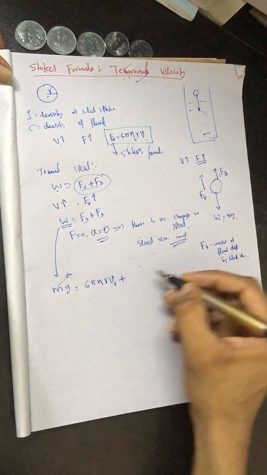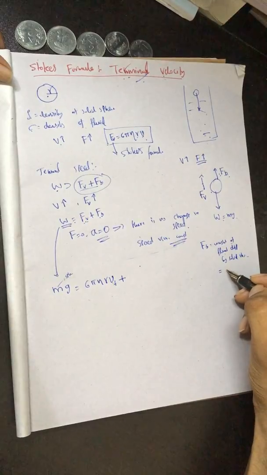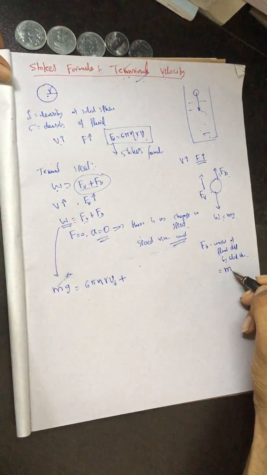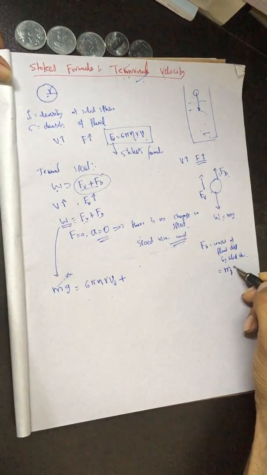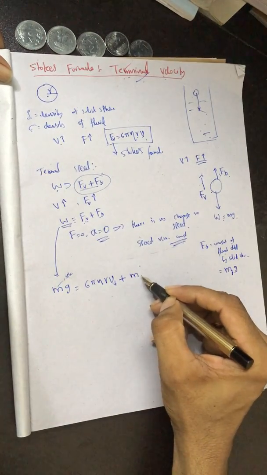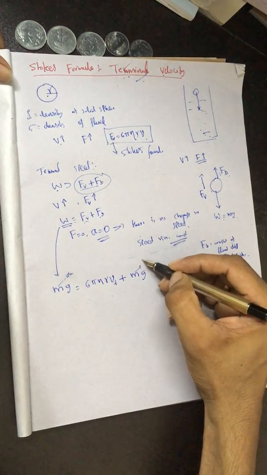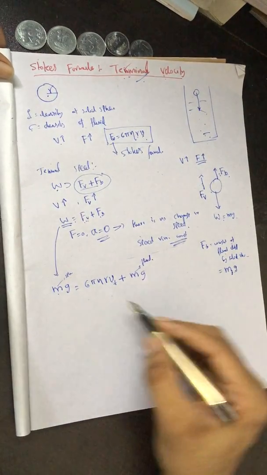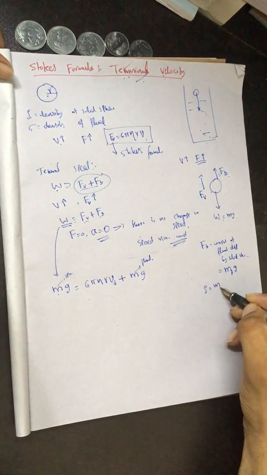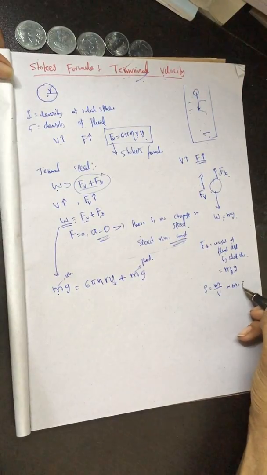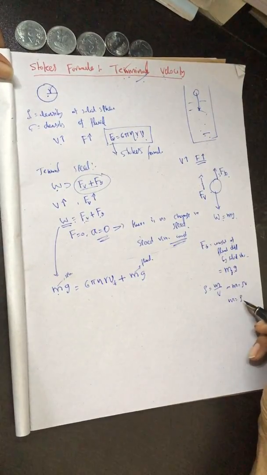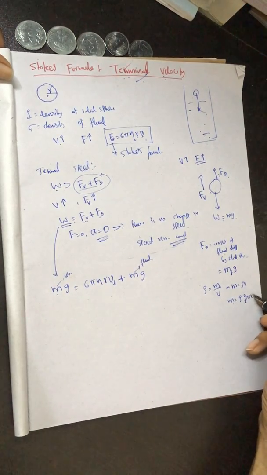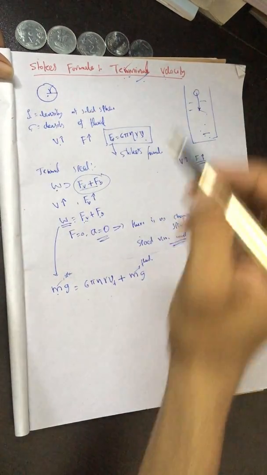It is the weight of the fluid, which is the mass of the fluid into gravitational acceleration, so m into g, where m is the mass of the fluid. Now I'm going to write mass in terms of density. Density is equal to mass by volume, so mass is equal to density into volume. The volume of the sphere is 4 by 3 pi r cube, where r is the radius of the sphere.